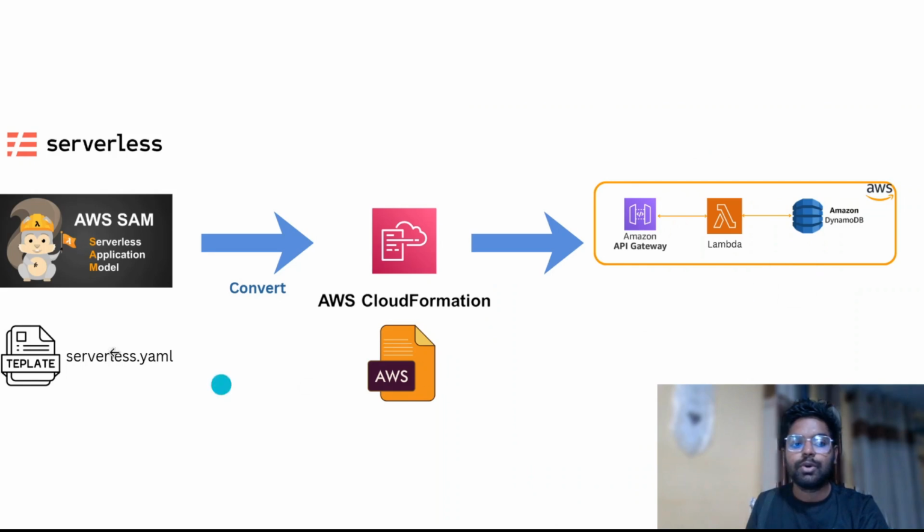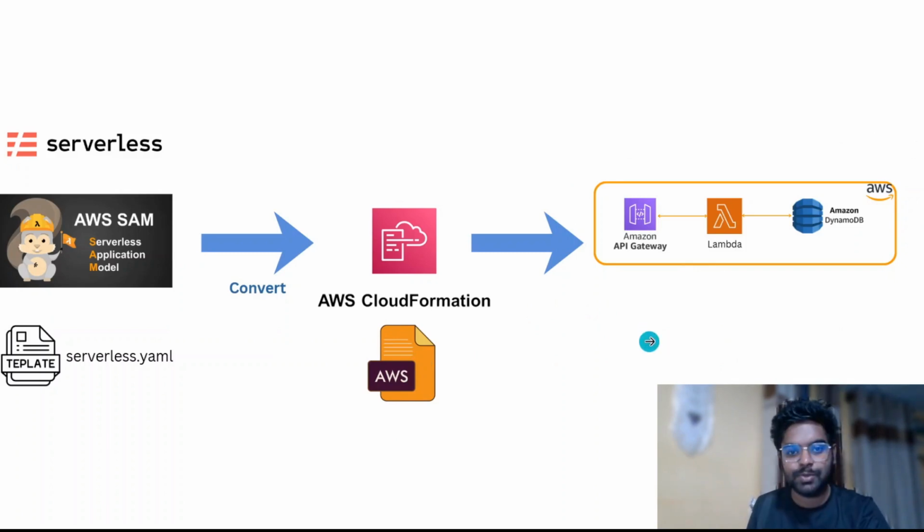So this is the architecture: using the framework, you write your serverless.yaml file, then the framework converts your serverless.yaml file into the AWS CloudFormation template file, which creates your whole infrastructure on AWS. That is what we are going to do here.